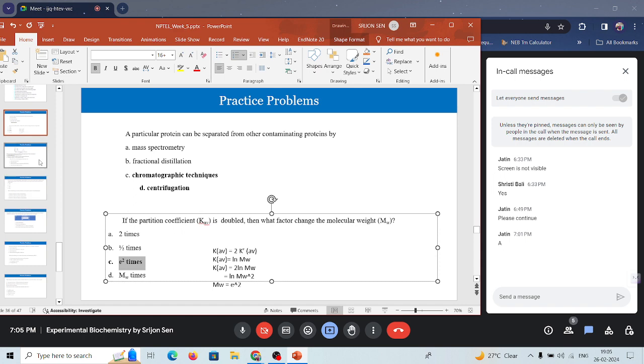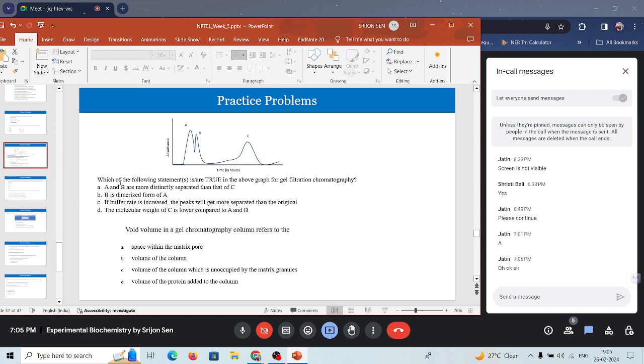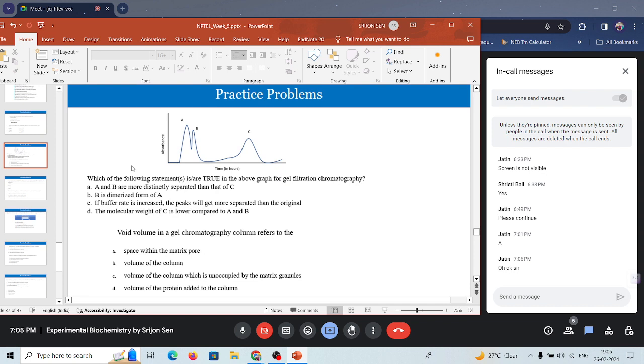Okay, the next one. The question says, which of the following statements is or are true in the above graph for gel filtration chromatography? A and B are more distinctly separated than that of C. B is the dimerized form of A. If buffer rate is increased, the peaks will get more separated than the original.